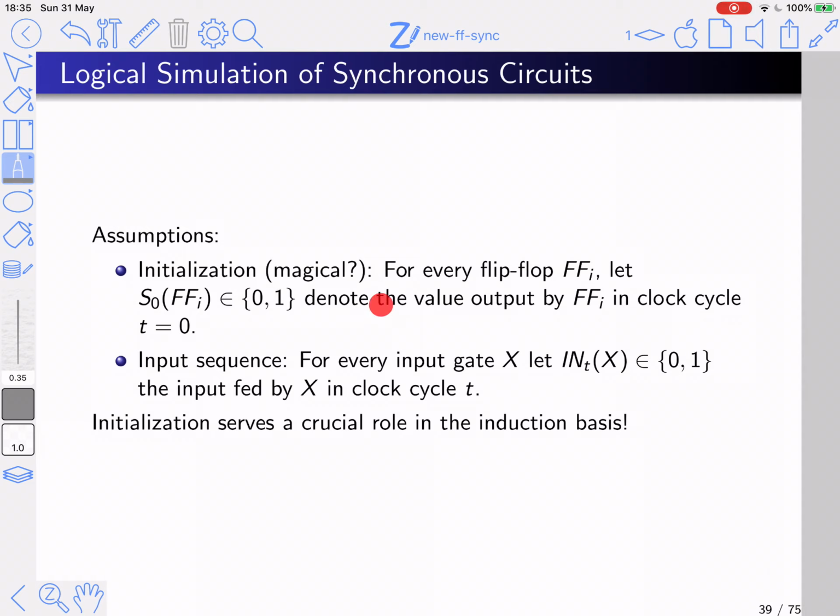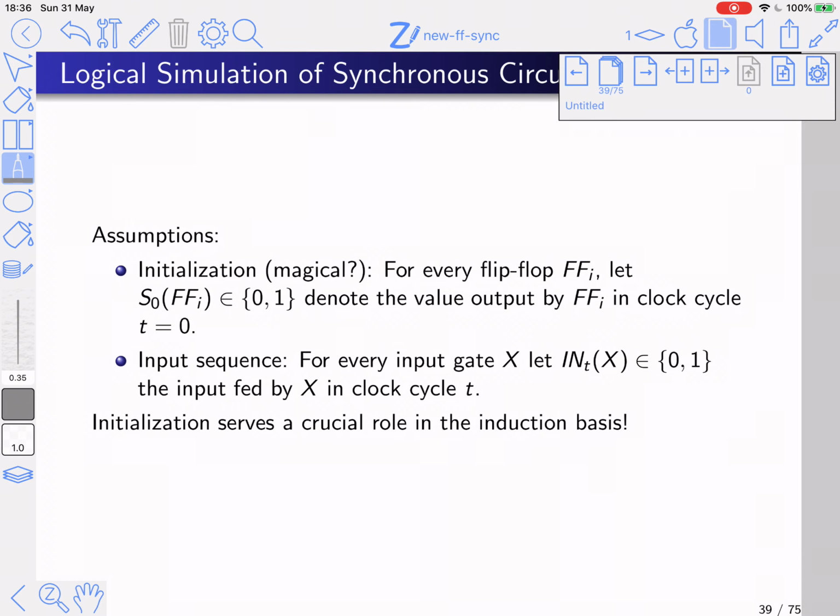Okay, so these are the initializations, and these are the inputs that are fed by the external world. And I want to emphasize that initialization serves a crucial role in the induction basis, which is used in order to explain the fact that synchronous circuits behave in a well-defined manner.